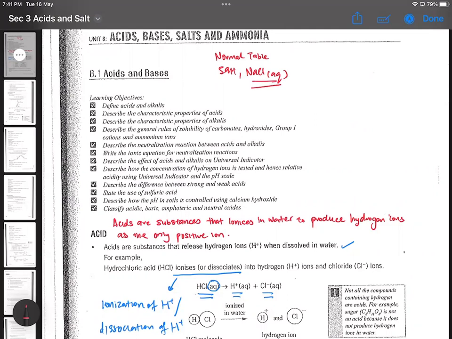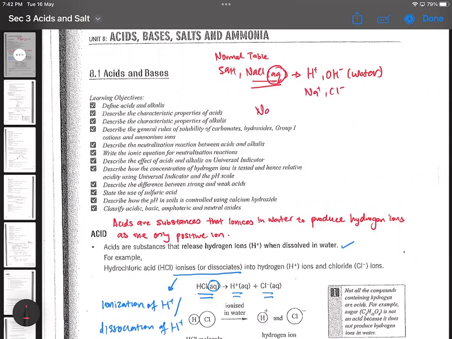When you have an aqueous solution, you will always have H plus and OH minus, coming from the water. And then sodium chloride salt has sodium plus and Cl minus ions.